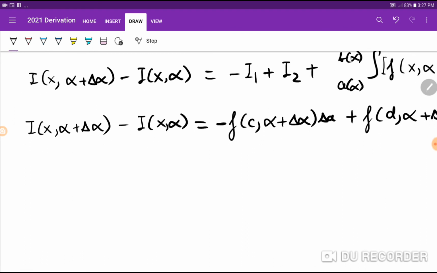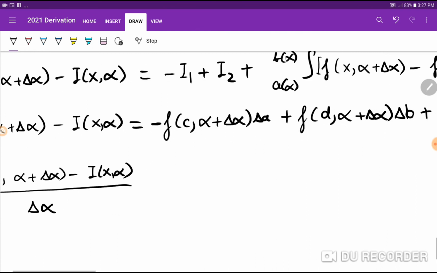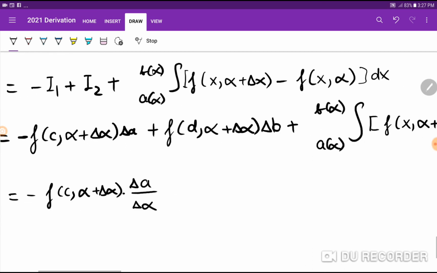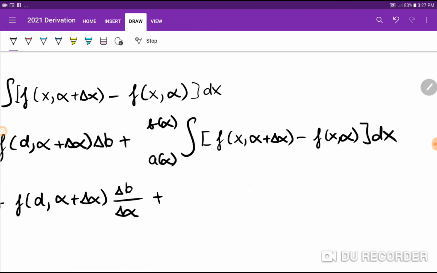Now I'm gradually heading towards the step where I take a limit. So the first step is I'm gonna divide it by delta alpha. Okay, it would be negative f c alpha plus delta alpha delta a over delta alpha plus f d alpha plus delta alpha delta b over delta alpha plus the integral from a alpha to b alpha.